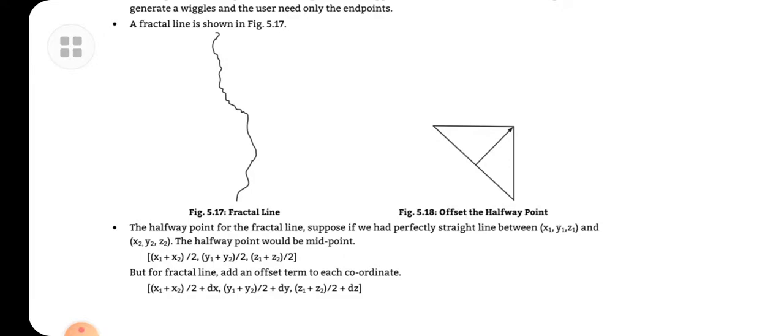Taking the midpoint of the line, the equations are x = (x1 + x2) divided by 2, y = (y1 + y2) divided by 2, and z = (z1 + z2) divided by 2. These equations give the midpoints, the halfway points.